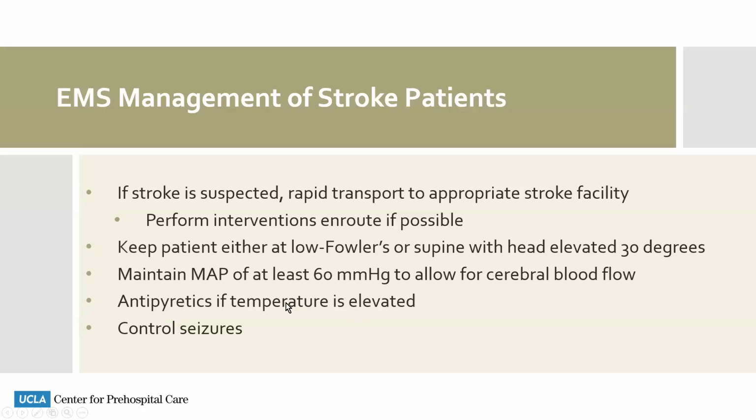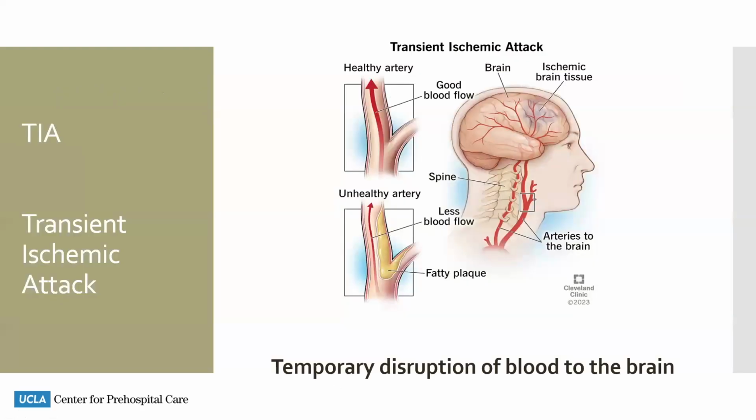We're certainly not to give aspirin because aspirin can cause more bleeding, right? Thins out the blood. Your purpose is good. You want to disintegrate that clot if it's a clot, but we don't know if it's a clot out in the field. And we're going to control seizures according to our protocols.